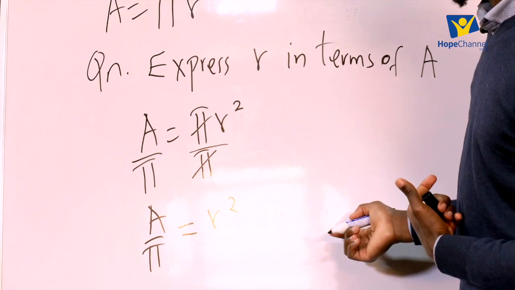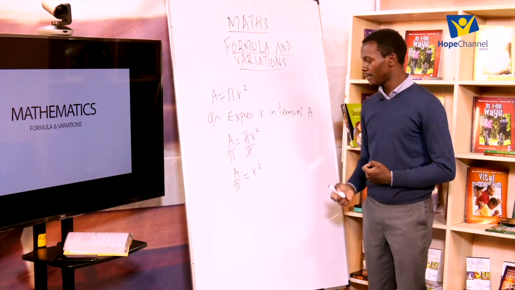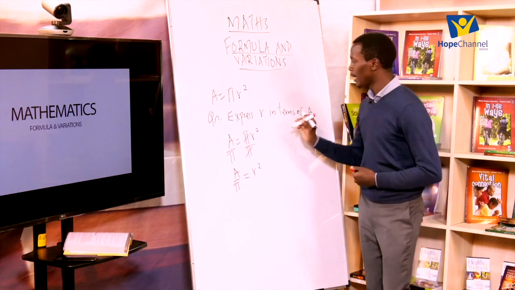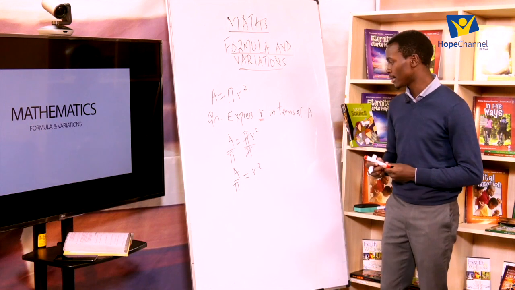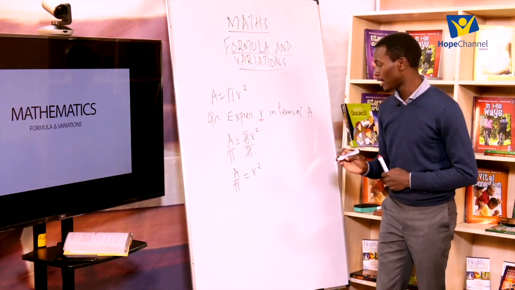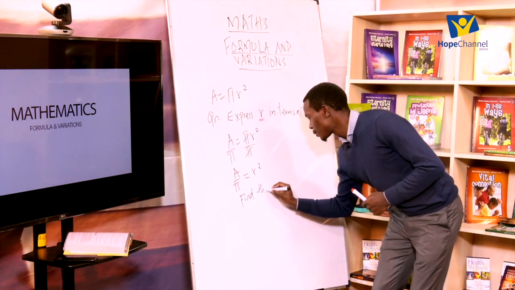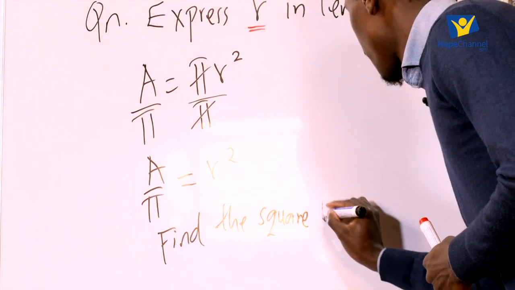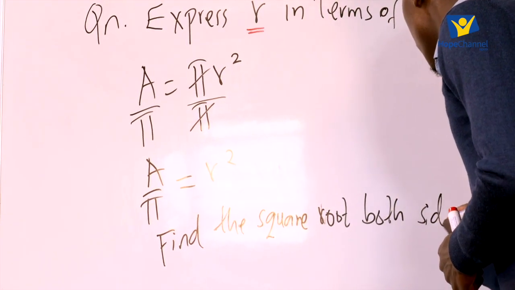But you see, on the right hand side we don't have r, we only have r squared, but on the left is a over pi, and our question is about making r the subject. So for us to make r the subject, we have to eliminate this square here, and to remove that square you find the square root. So find the square root both sides.